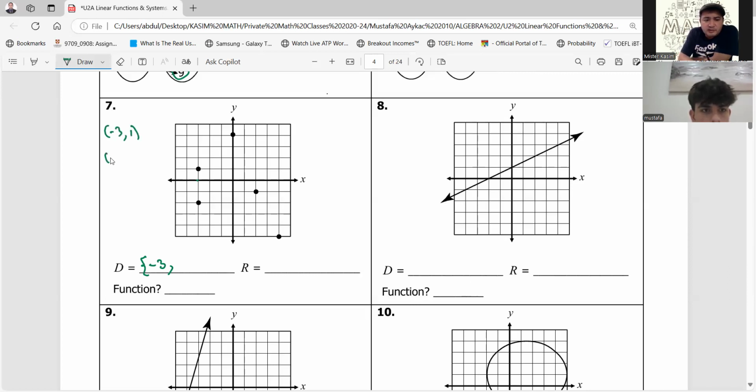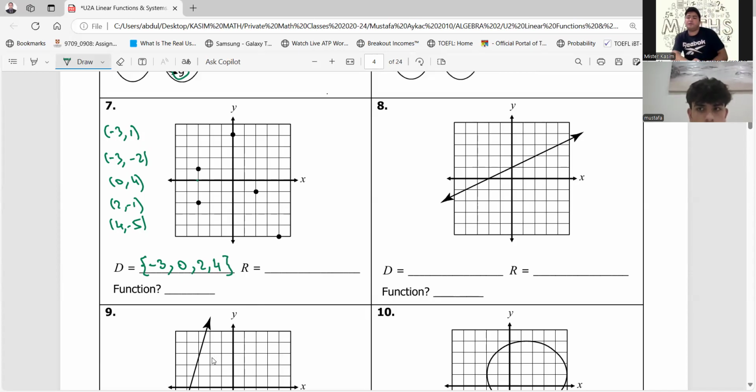And the next one is -3 and -2, right? And the third point is 0 and 4. The next one is 2 and -1. And the last one is 4 and -5. So the domain is -3, 0, 2, and 4, right?